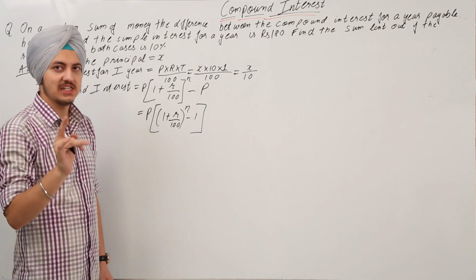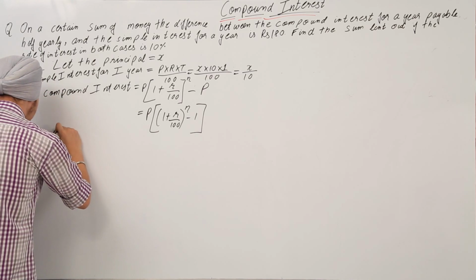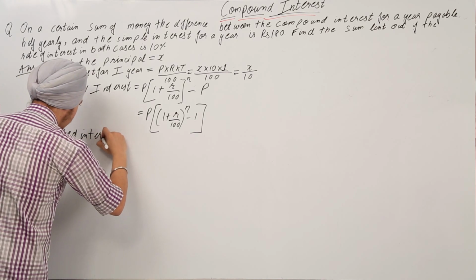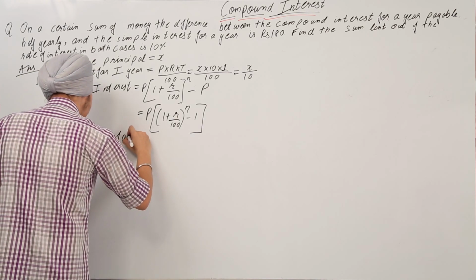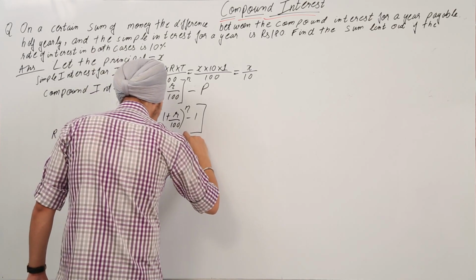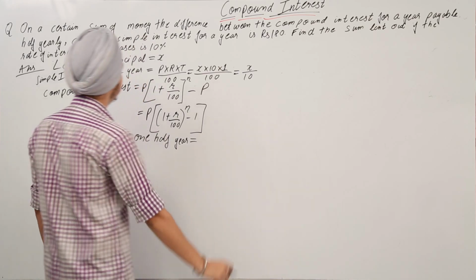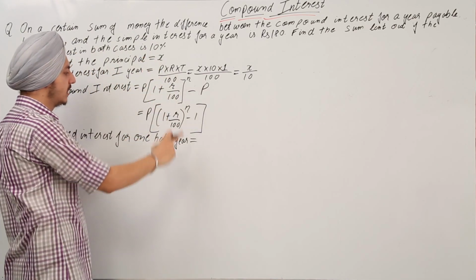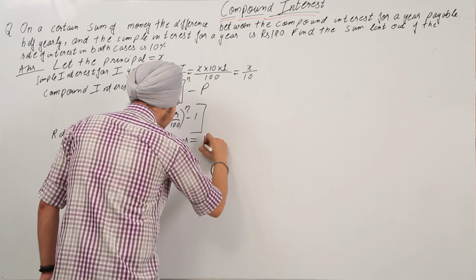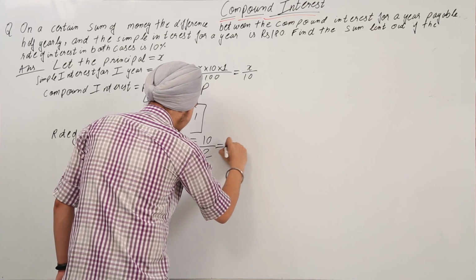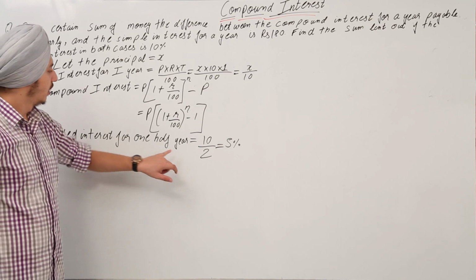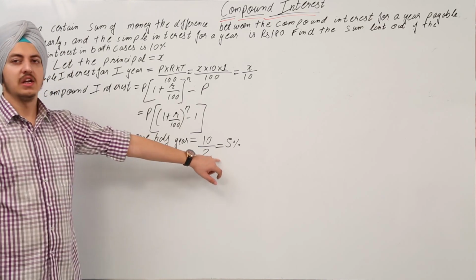So the rate of interest for 1/2 year is rate of interest per annum divided by the number of conversion periods in 1 year, that is 10 divided by 2, equal to 5%.